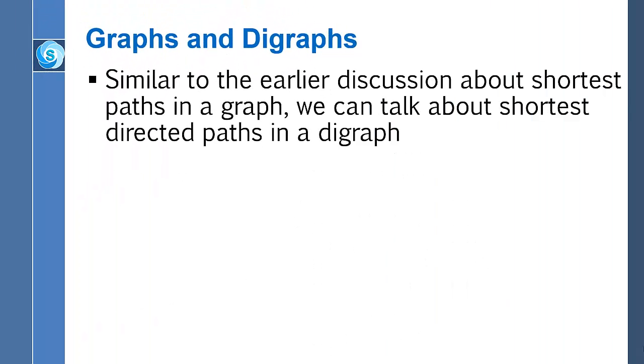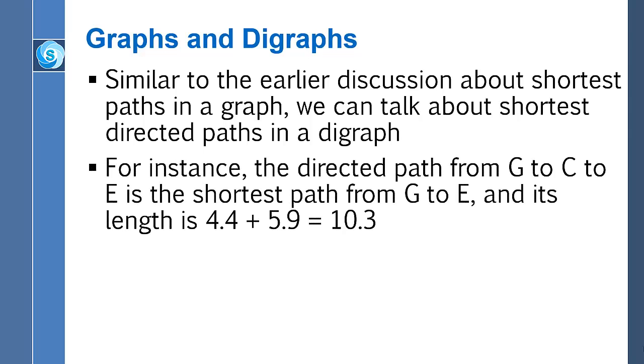Just as we did with ordinary graphs, we can talk about finding shortest paths in this digraph. But of course, we want to restrict to directed paths. Shortest directed paths in an arc-weighted digraph in this case.